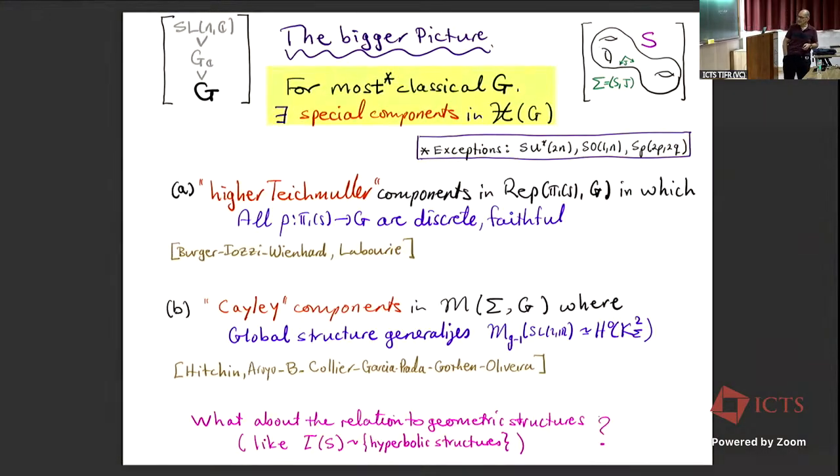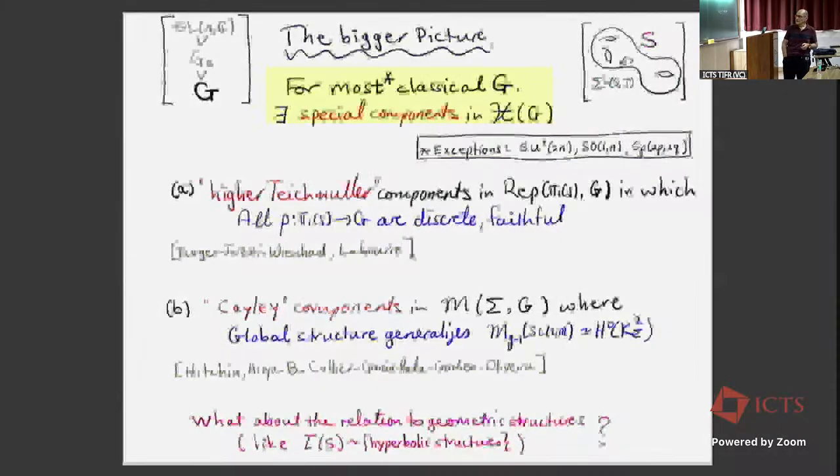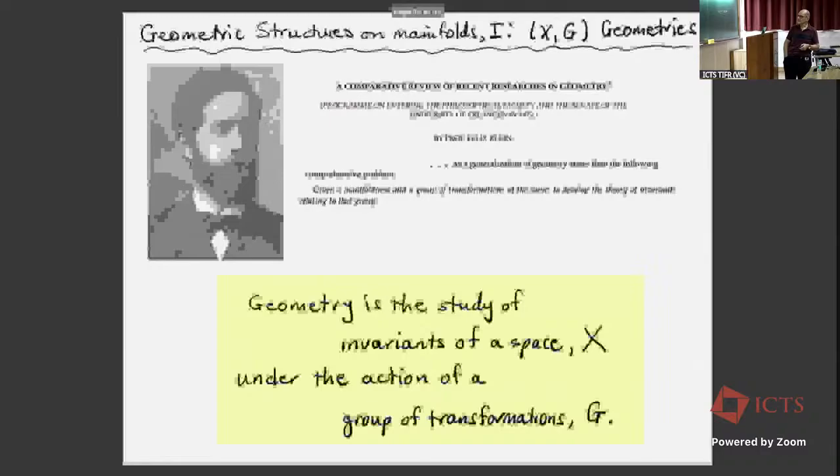But the aspect that I want to focus on in this talk is the relation that you get to geometric structures. So neither of the two aspects that I highlighted there talk specifically about the relation to geometric structures. So what can we say about that?